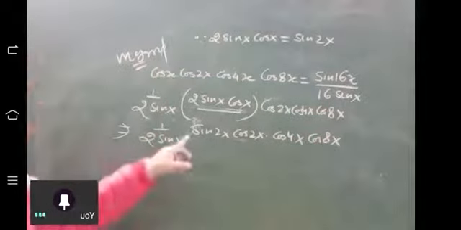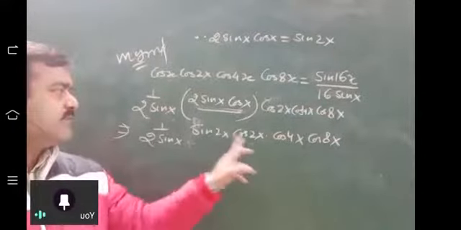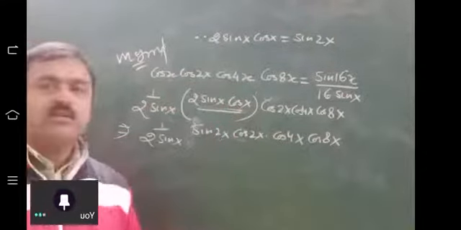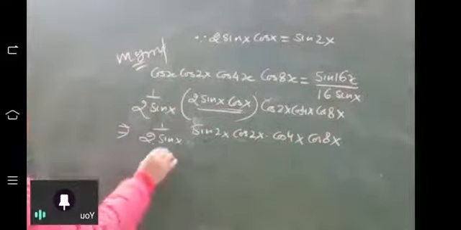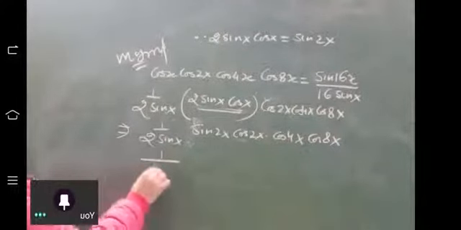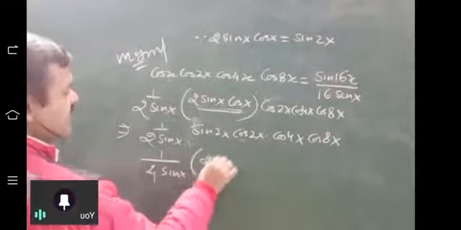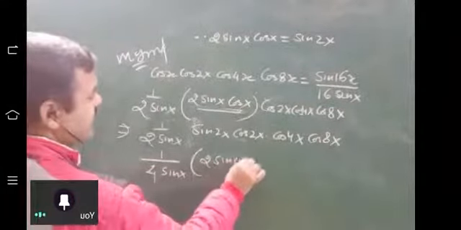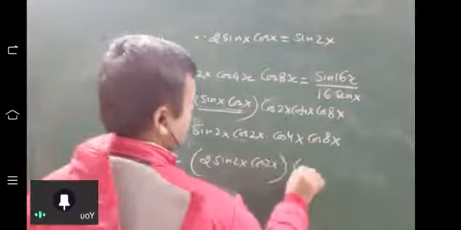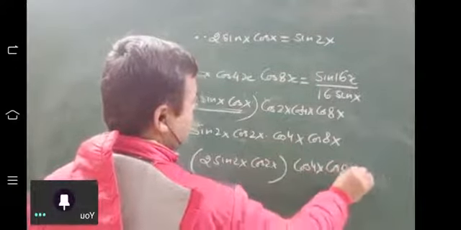Again, divide by 2, multiply by 2, so that this may be in the form of 2 sin 2x cos 2x. If you are dividing by 2 here, this one will become 4 sin x, and multiply by 2 here: 2 sin 2x cos 2x into cos 4x cos 8x.